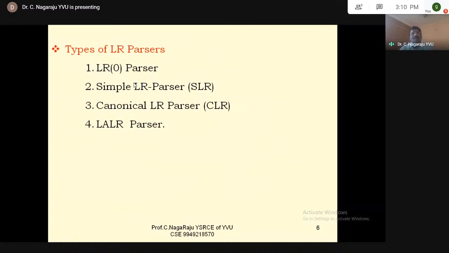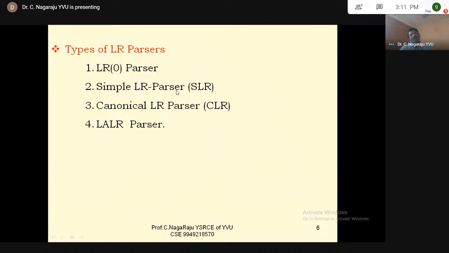So there are four approaches we can use in the construction of the compiler. In this class, I will explain briefly about LR(0) parsers and SLR parsers.